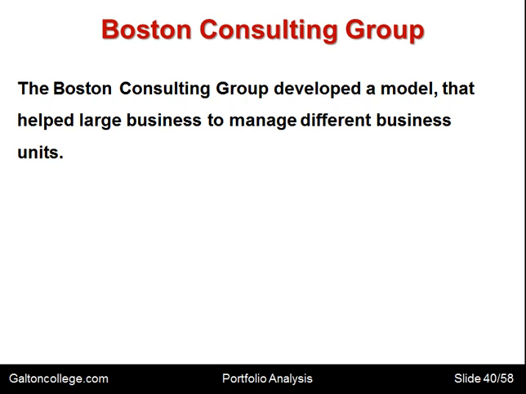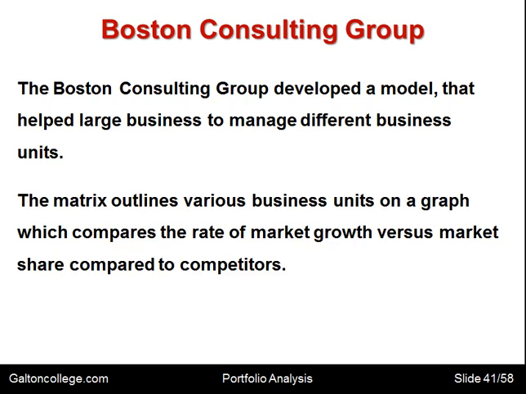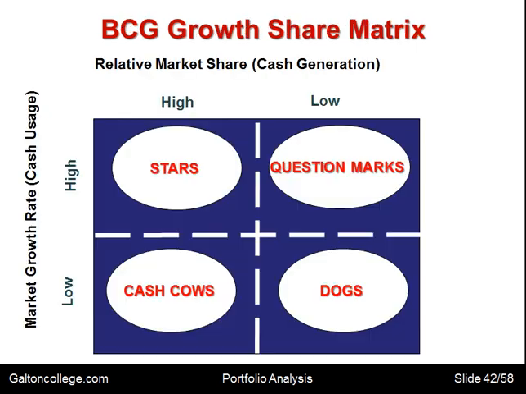So it really helps large businesses look at different business units. The matrix outlines various business units on a graph or chart, which compares the rate of market growth versus market share compared to competitors.